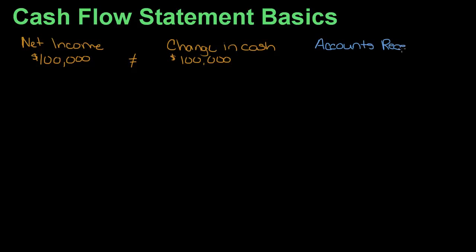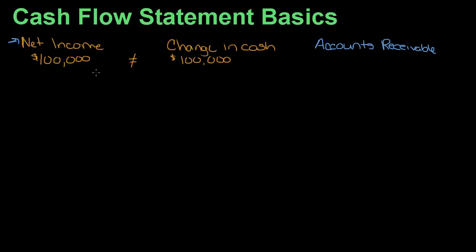So, what happens when we book an accounts receivable? Well, we book the sale, right, and that makes my net income change, but my cash doesn't go up. So that accounts receivable is one of the differences between my net income and my change in cash.